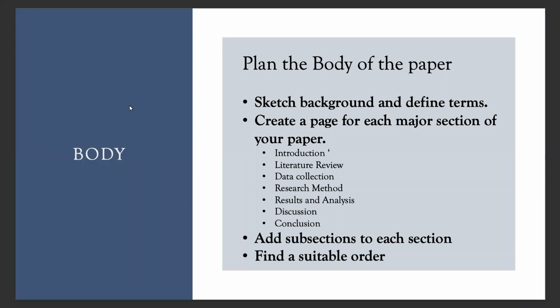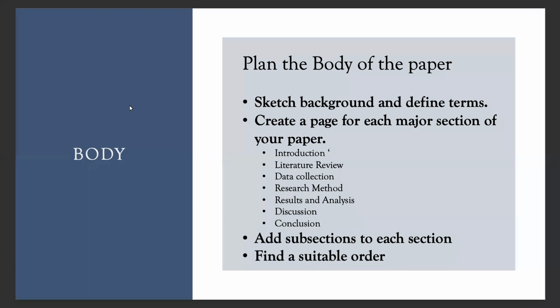We have already discussed that the literature review is a systematic analysis of the area of research, of all the academic journals and papers. Then you show how you have collected your data, what data you have used.